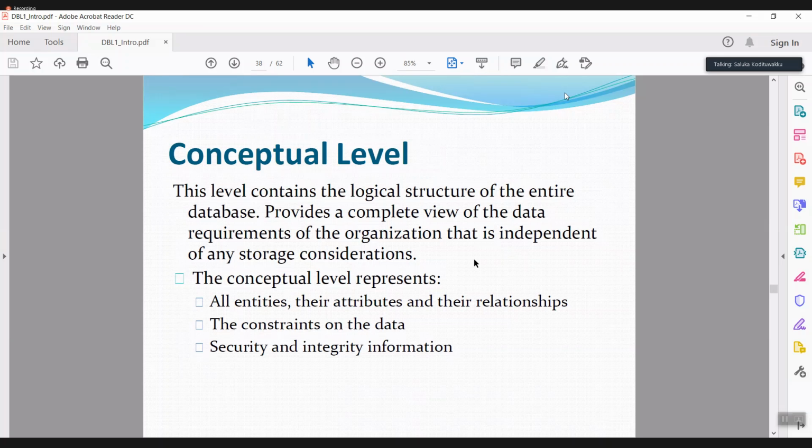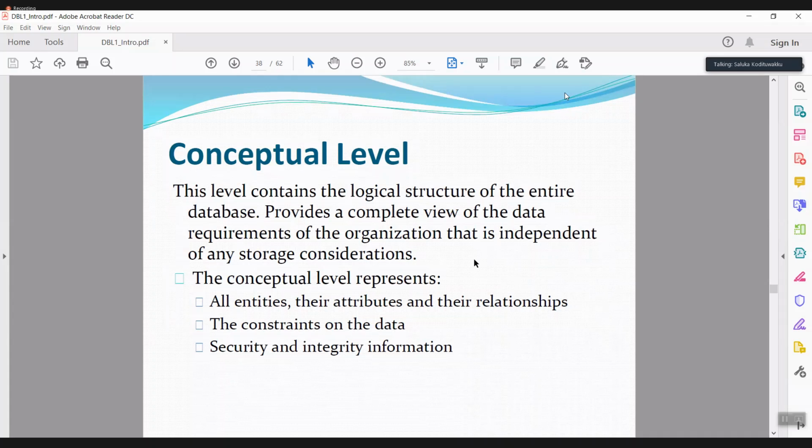The entire representation of the target mini-world should be here. Because of that, the conceptual level is usually independent of the kind or type of storage media we are going to use. Whatever the storage media, it doesn't matter. The only thing is that it is digital storage media. It could be magnetic tapes, disk, compact disc, or whatever, which is irrelevant here.